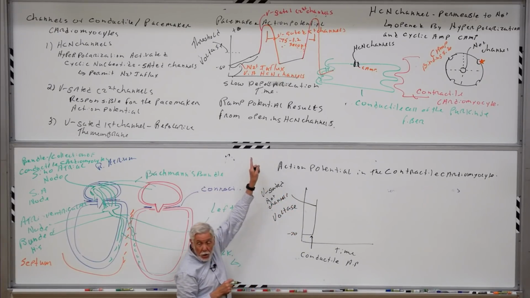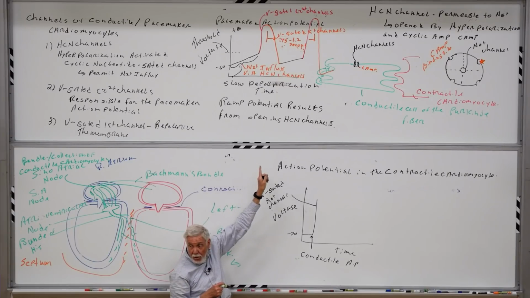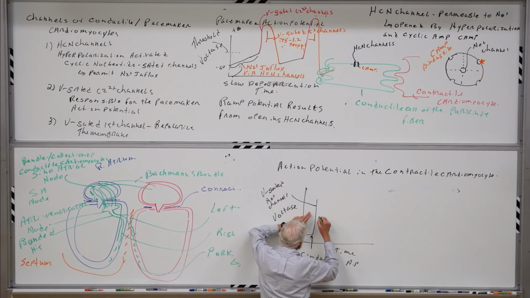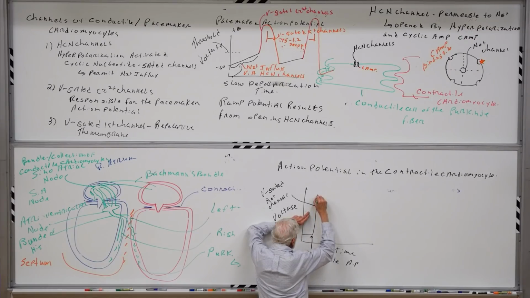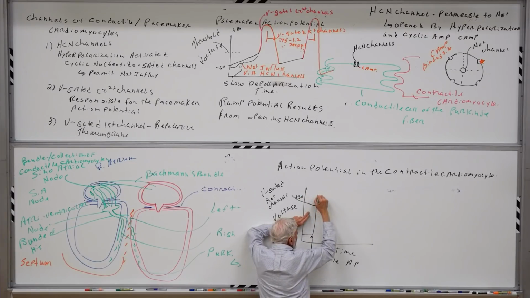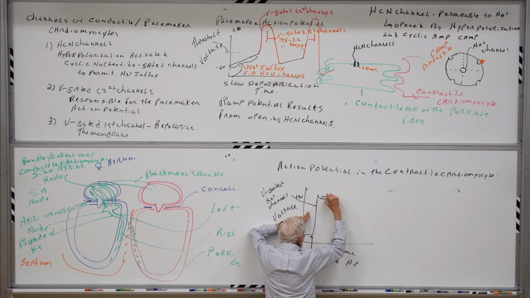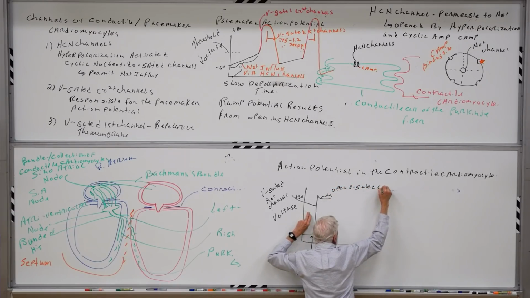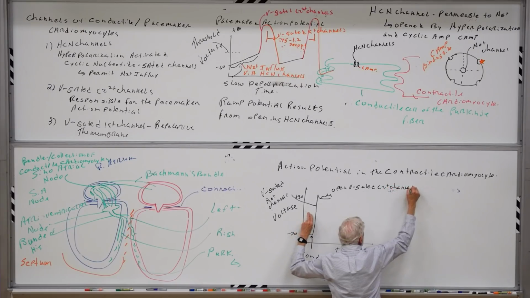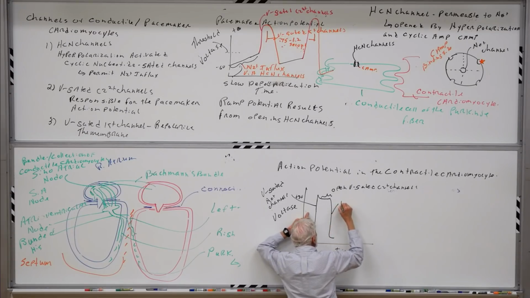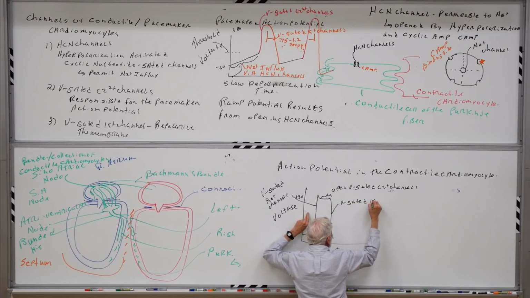Notice there are no voltage-gated sodium channels in that pacemaker potential. There's an Hcn channel, a voltage-gated calcium channel, and a voltage-gated potassium channel, but there's no sodium channel. Here we have a voltage-gated sodium channel. We depolarize the membrane up to about plus 30 millivolts. The sodium channel is inactivated, and then we have this great long plateau where we have open voltage-gated calcium channels, followed then by a repolarization through the use of voltage-gated potassium channels.